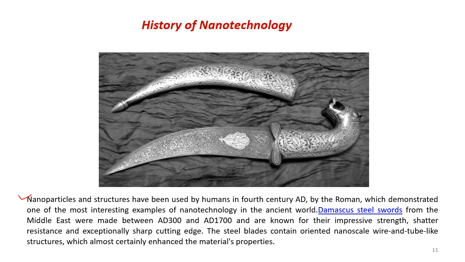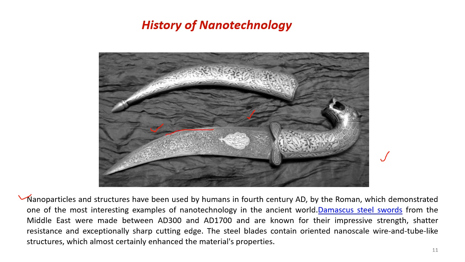Here is one example of a Damascus steel sword. These swords, which are found in the Middle East, were made between 300 AD and 1700 AD, and they were known for their impressive strength, shatter resistance and exceptionally sharp edges.